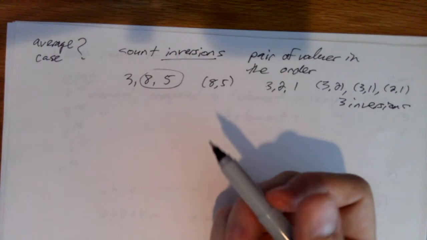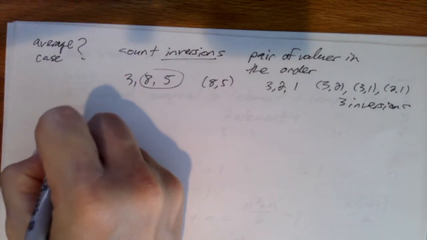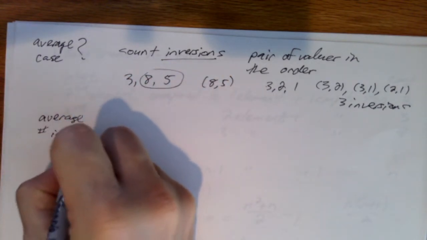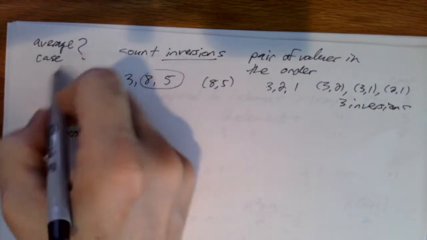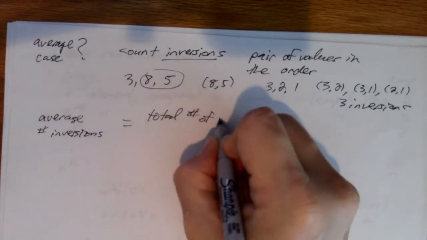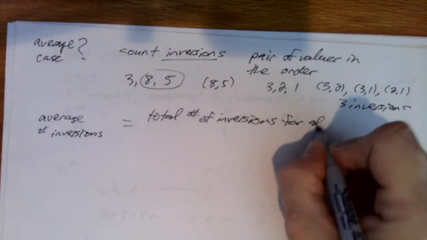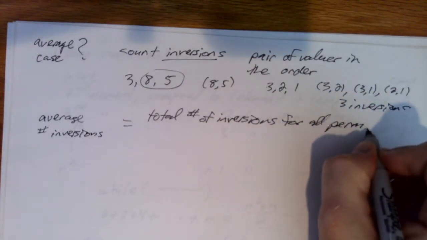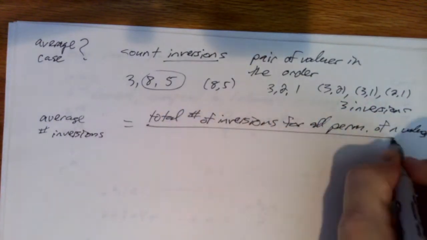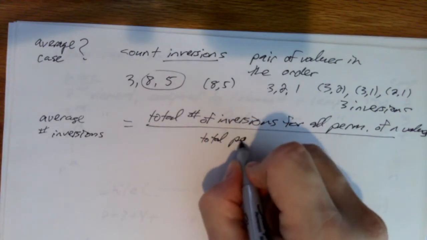And so what we want is that the average cost, or the average number of inversions, because we're looking at average case, would be the total number of inversions for all permutations, we'll abbreviate perm, of n values divided by total permutations.